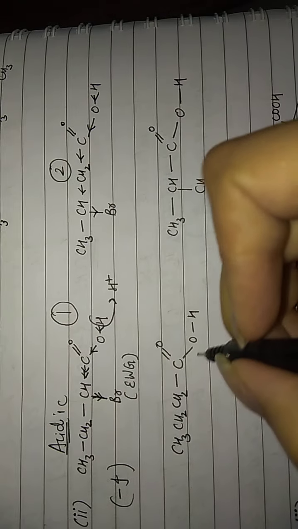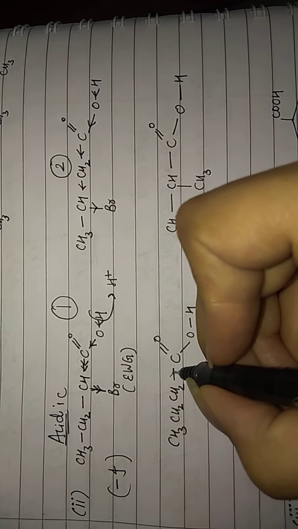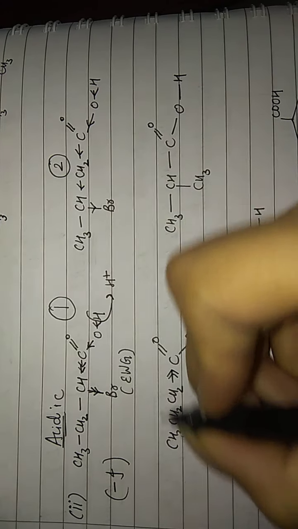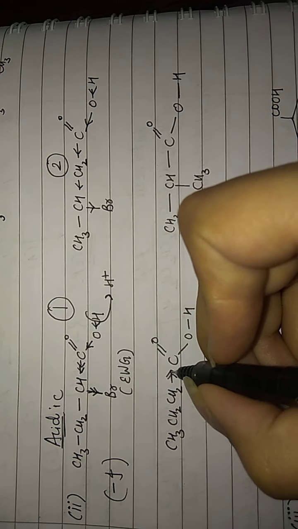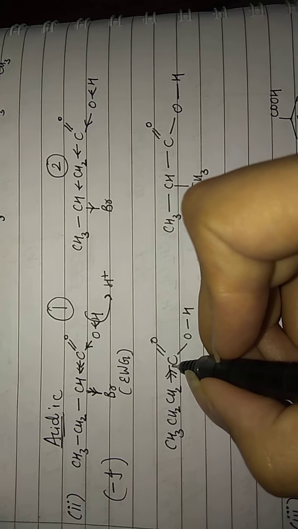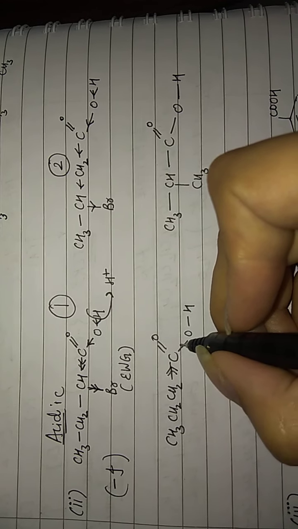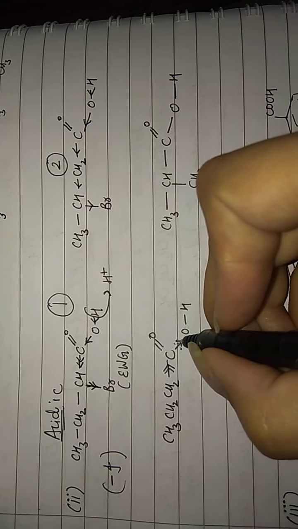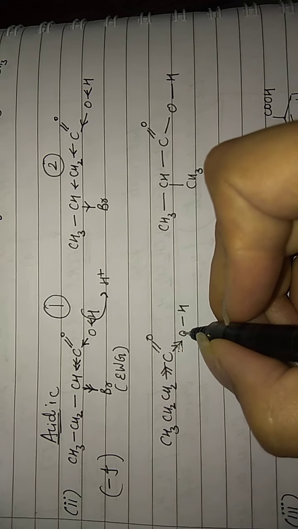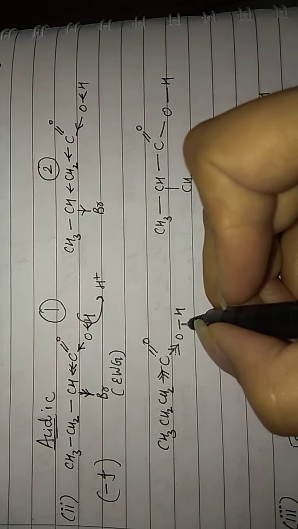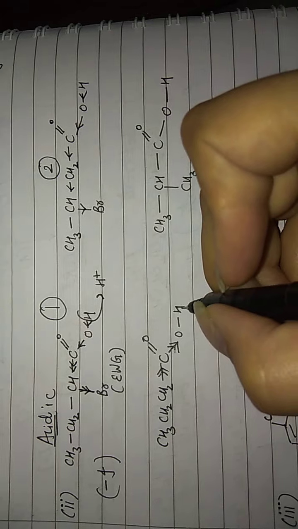Coming to the third. Now here this is an electron donating group, because this is an alkyl group, no halogen atom is attached over here. When this is donating electron density to carbon, the carbon is in turn donating the electron density to oxygen, and hence oxygen does not need this pair of electrons from hydrogen.